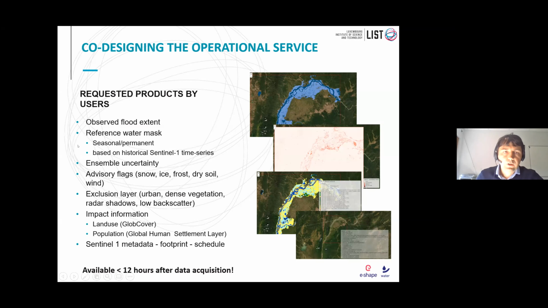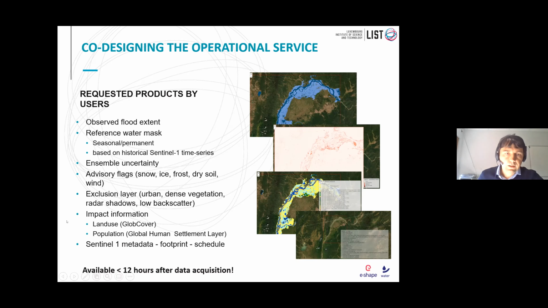They wanted to have an idea of the ensemble uncertainty, so the classification uncertainty. They want us to put advisory flags, in case you have classification errors due to snow, ice, frost, dry soils, and wind. Also to add an exclusion layer that should inform on all areas where the retrieval of flooded areas is currently not possible using SAR data.